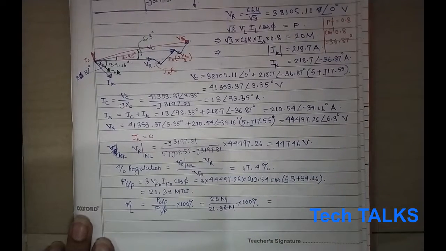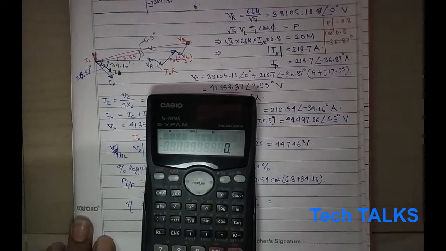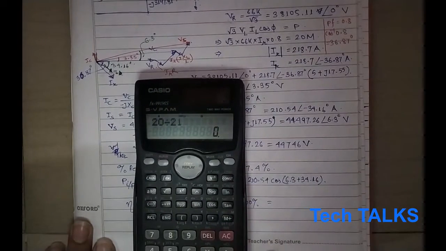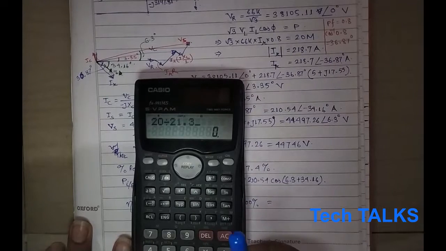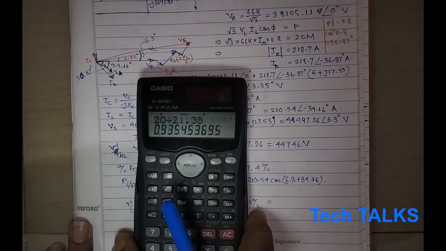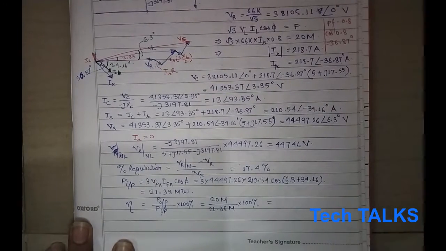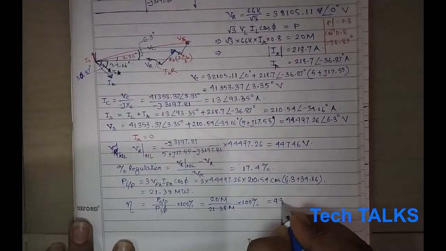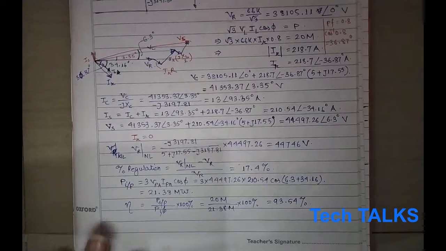So 20 divided by 21.38 is equal to 93.54, that is 93.54% efficiency.